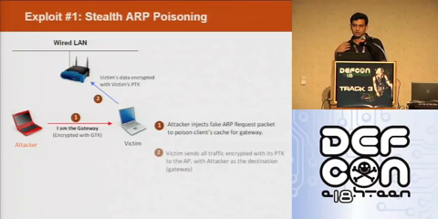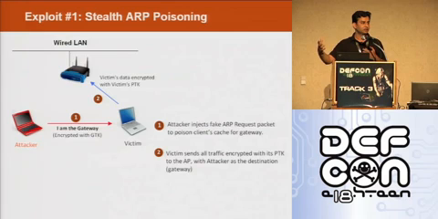So the victim sends all its packets to the access point, encrypting them with its own private key, which is known to this user and the access point. So the access point will be able to decrypt those packets. And at this point, the access point finds that this packet is actually destined for another Wi-Fi user who is also part of the same network.